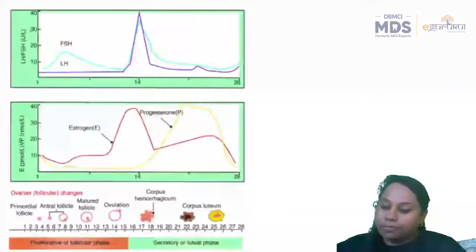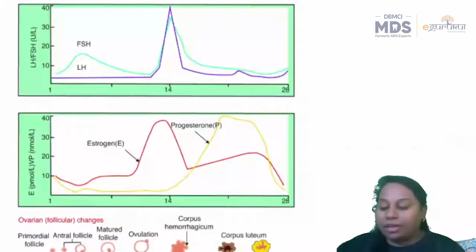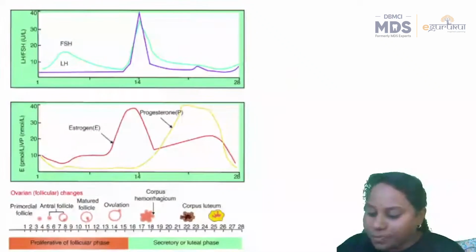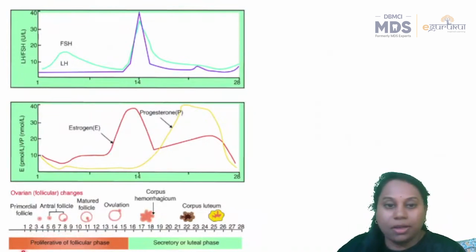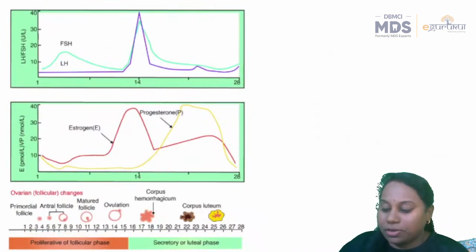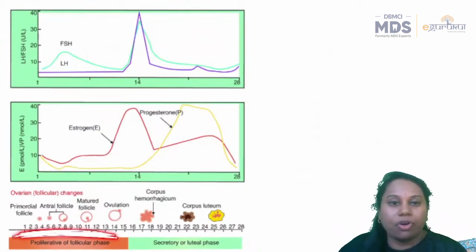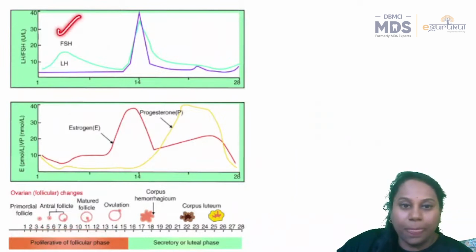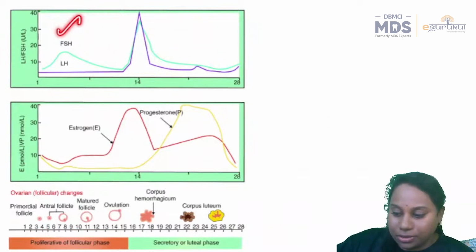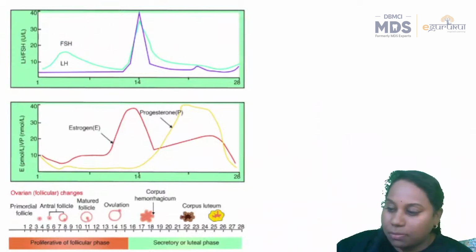Now over to this graph, where you can see the first 14 days. During the first 14 days, which hormone is increasing? FSH is increasing. I'll mark the ovulation with a black line.